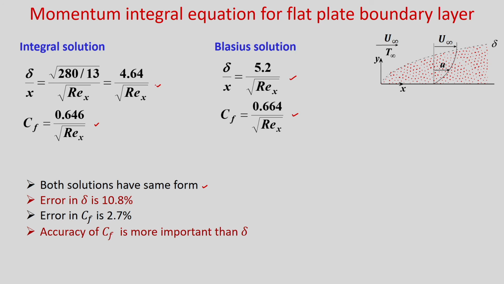If you compare delta by x of this integral solution and the Blasius solution, you will get an error in delta of 10.8% and the error in Cf is 2.7%. Obviously, the error in Cf is less than the error in delta, and the accuracy of Cf is more important than delta from a design point of view.